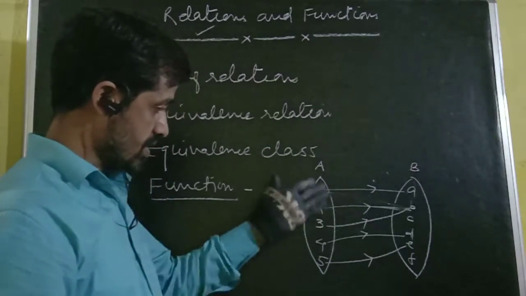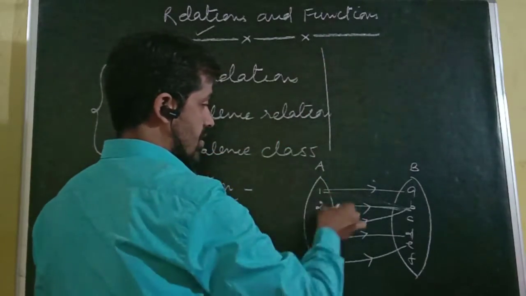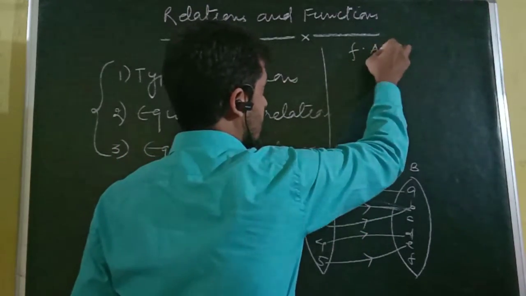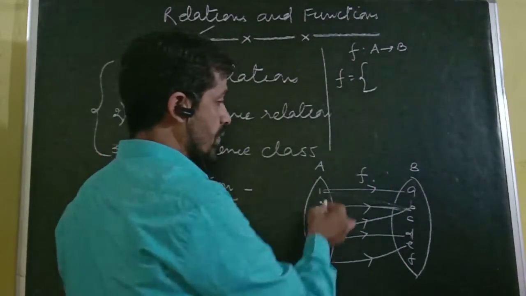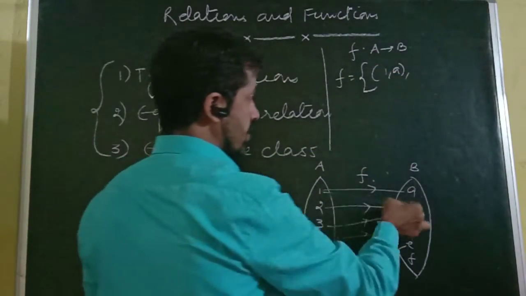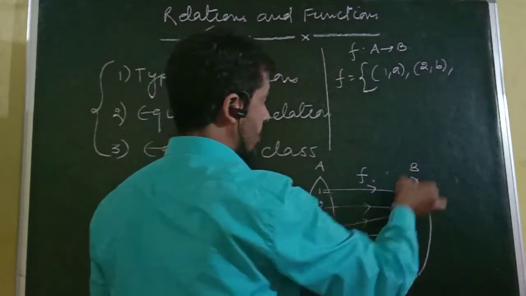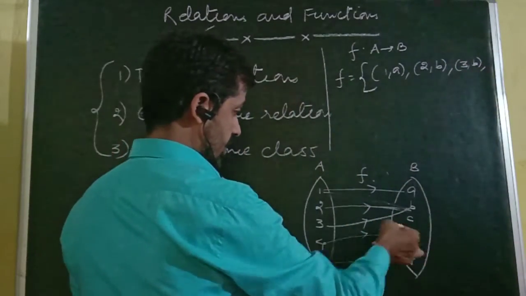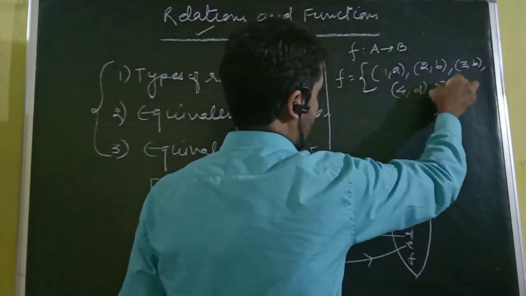So if I write this arrow diagram in set form, F is a function defined from A to B, and we write F in the form of ordered pairs. So it will be (1, A), then (2, B), then (3, B) again, then (4, D) and (5, E).